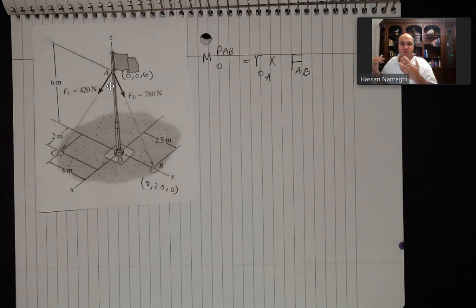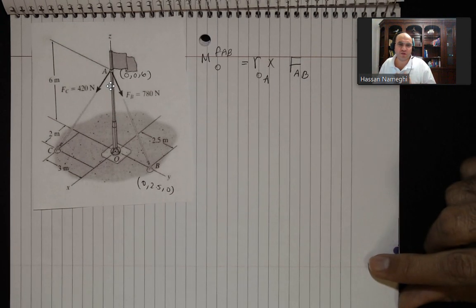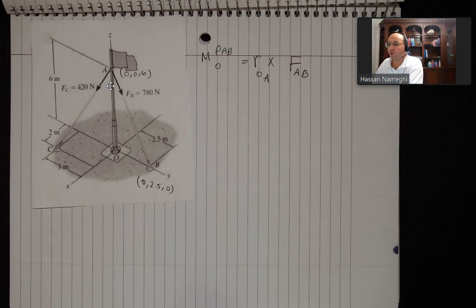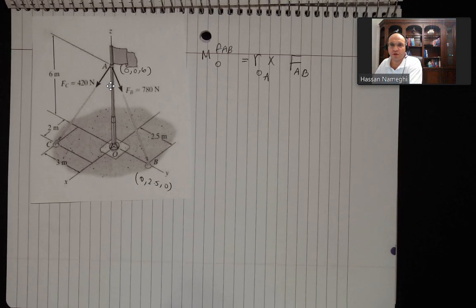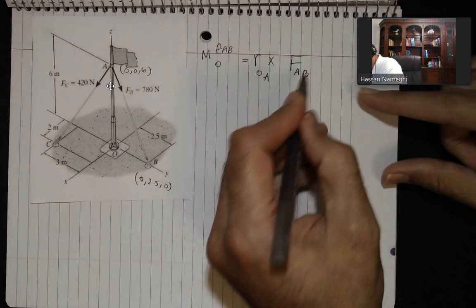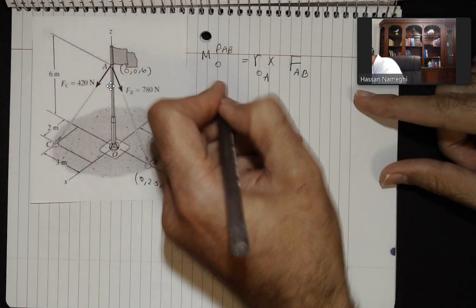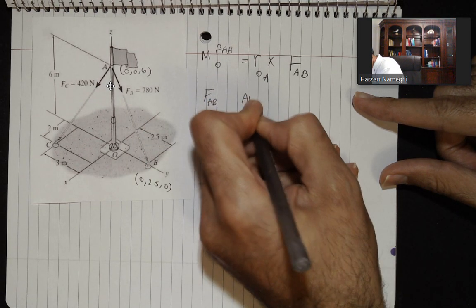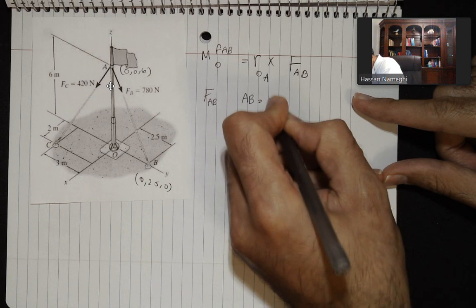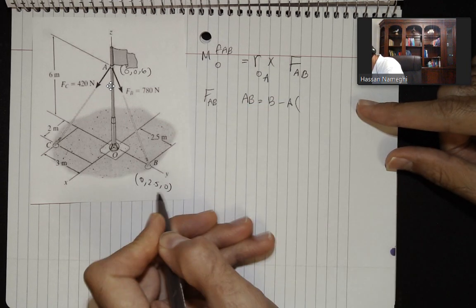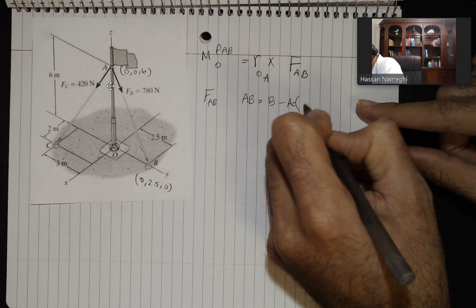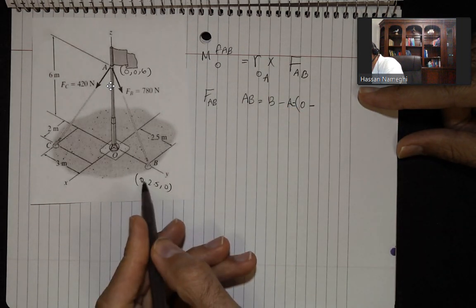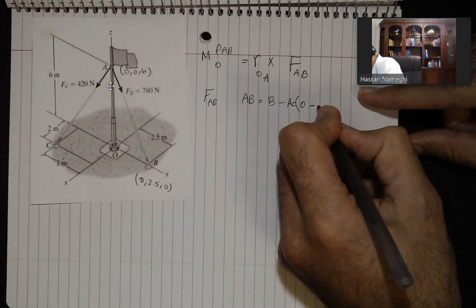I need to go to the last session. In the last session, we discussed how to bring FAB to IJK components. So I need to work on that right now too. FAB is going from A to B. So I need to find vector AB, which is B minus A. Remember that B minus A is XB minus XA, which is 0 minus 0.